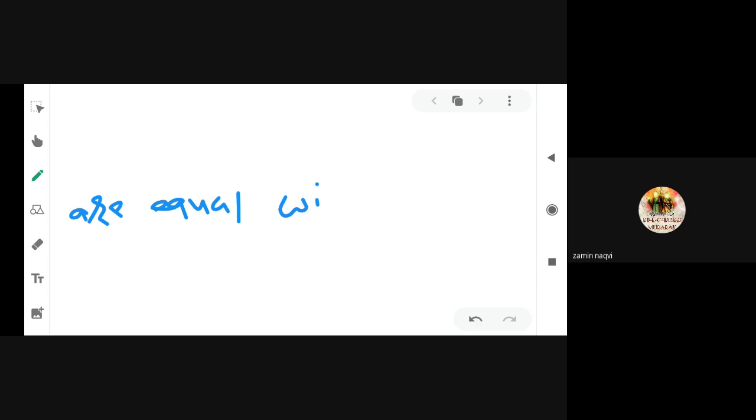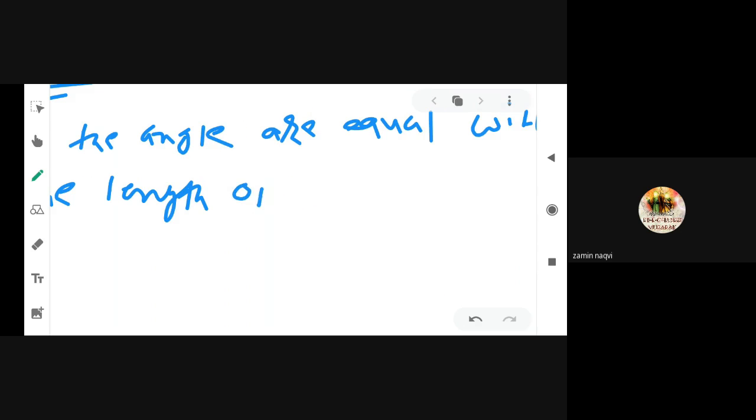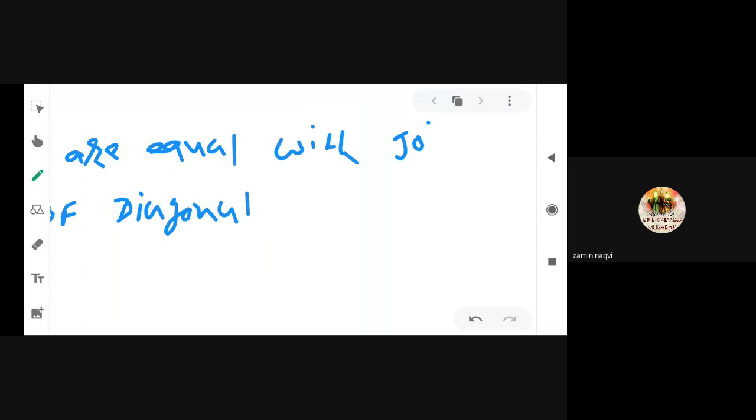And this another argument is the length of diagonals are equal. In a square, the length of diagonals are equal.